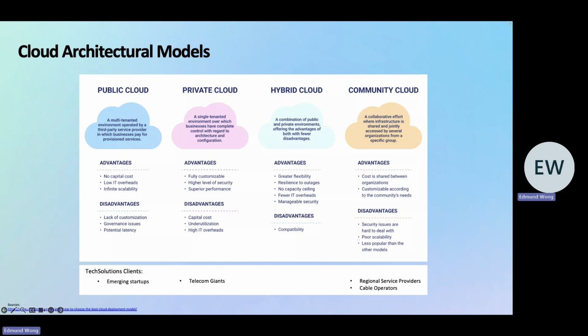The other two customers, the regional service provider and cable operators, clients may take advantage of that community cloud that we've mentioned, where it is shared across among all of them. So there's less customization for each individual. Is really that customization is for those group of people, for all cable operator or for all regional service providers, so that they can share the similar resources.